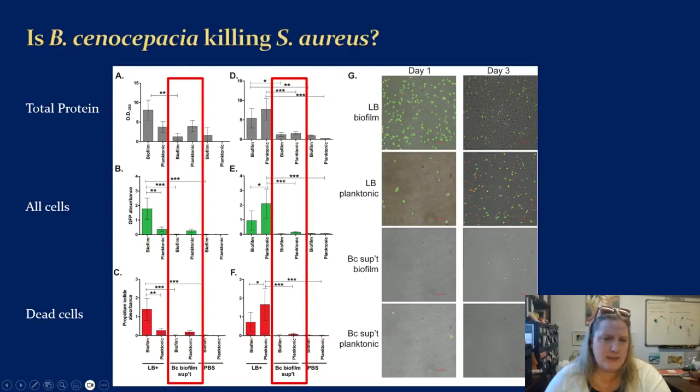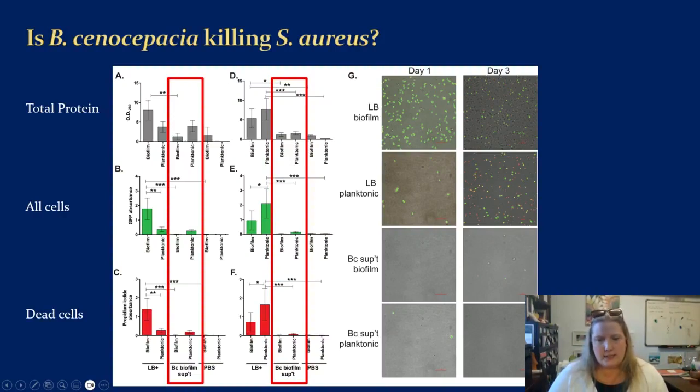They're more in the planktonic by day 3. And the number of dead cells is pretty high early on, right? So in day 1 in the biofilm and day 3 in the planktonic, the cells have started to die. And that's just in LB growth media, and that makes sense because after the nutrients run out, cells start to die, which happens later in the process.